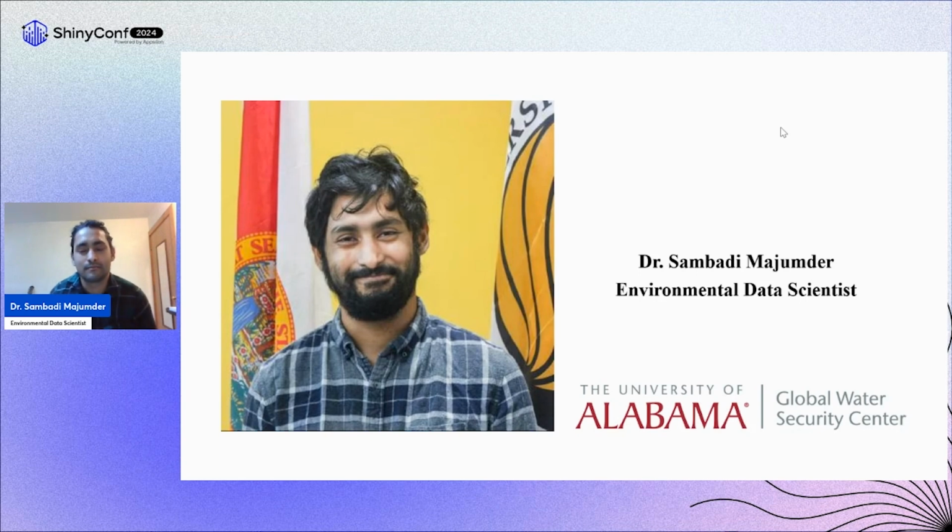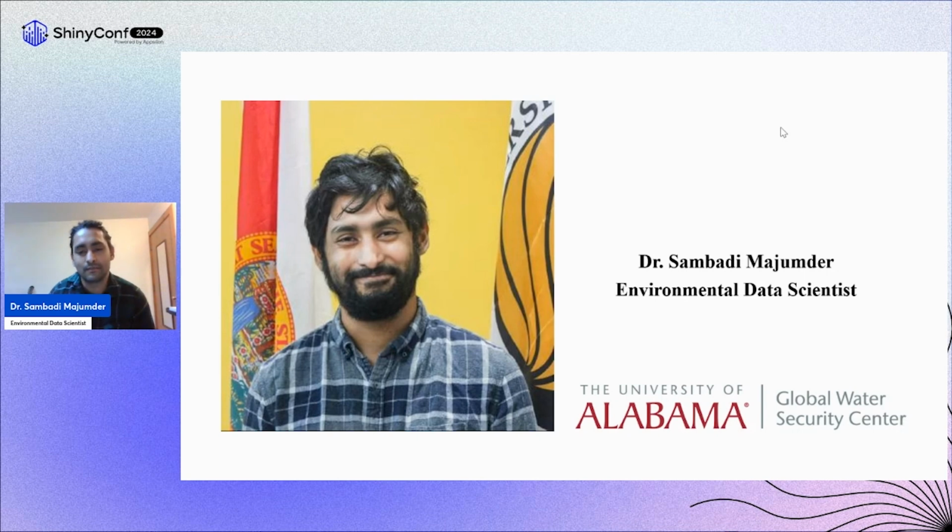My name is Dr. Sambadi Majumdar, and I am an environmental data scientist at the University of Alabama. As a data scientist, I work with big data, and a lot of the times I work with large agricultural data sets and large climate data sets.